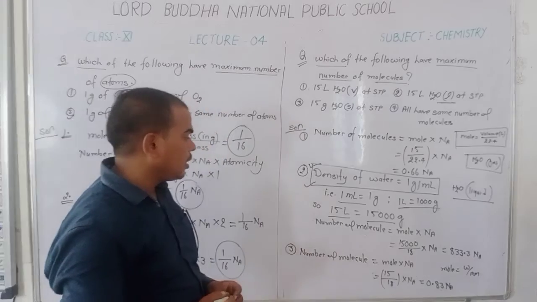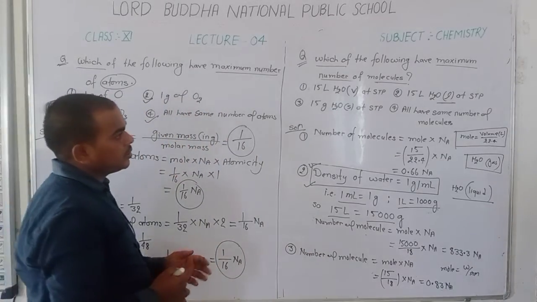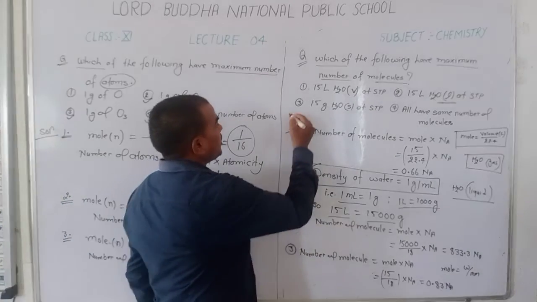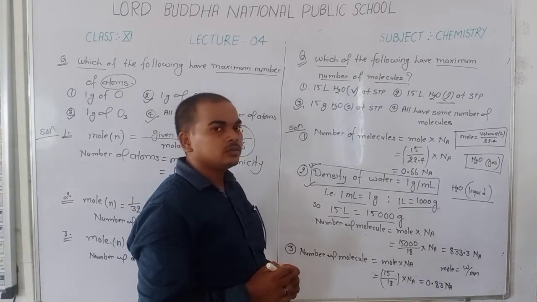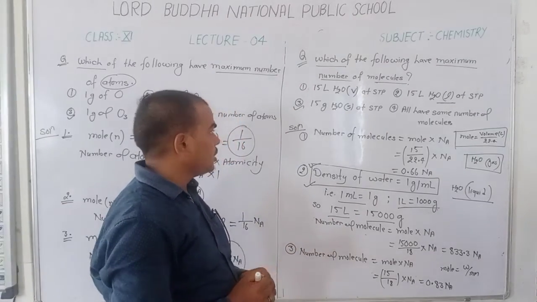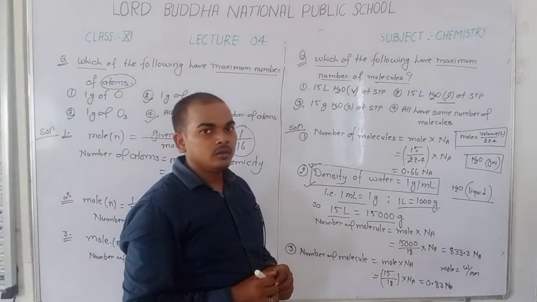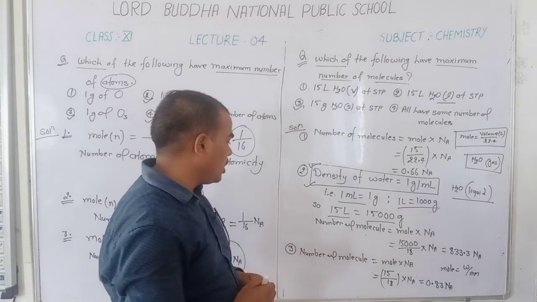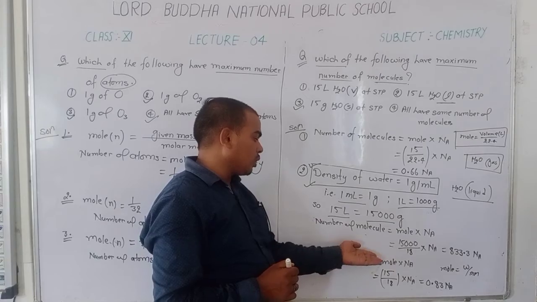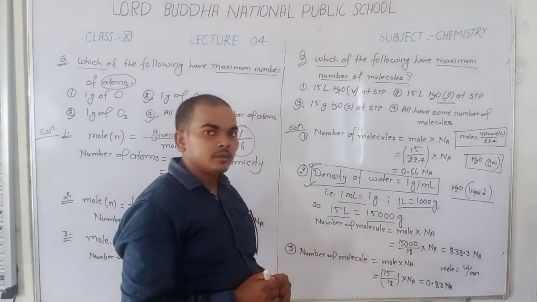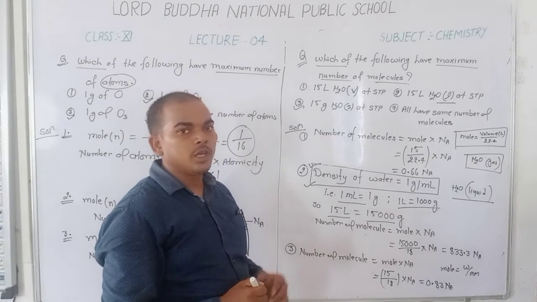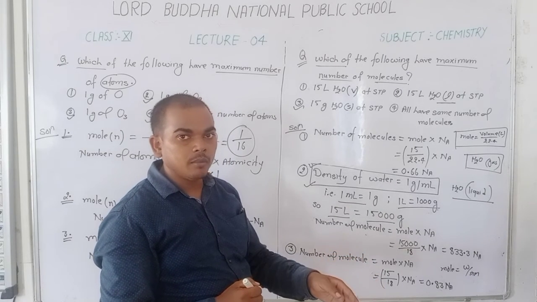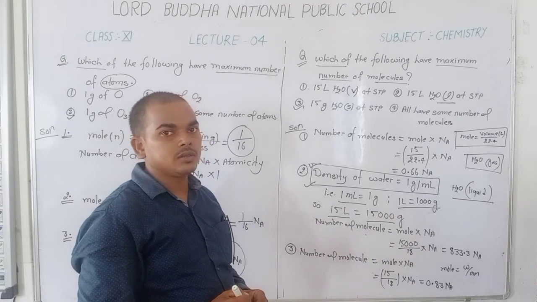Okay. The third value is 15 gram H2O as a solid. We use the simple formula: number of molecules is equal to mole into N. The mole is equal to given mass in gram upon molar mass.